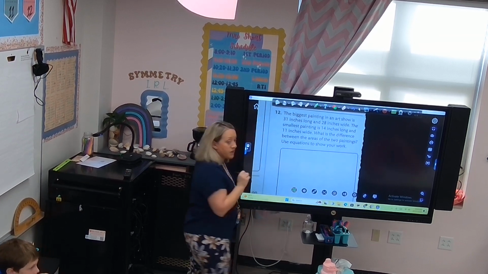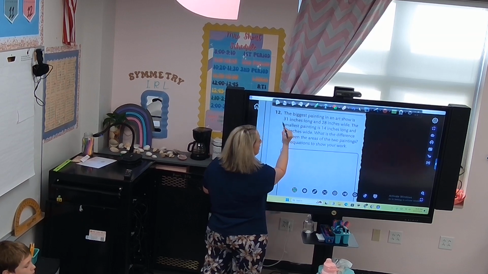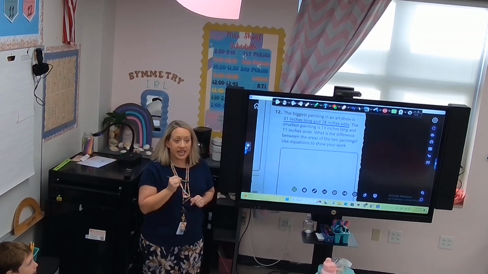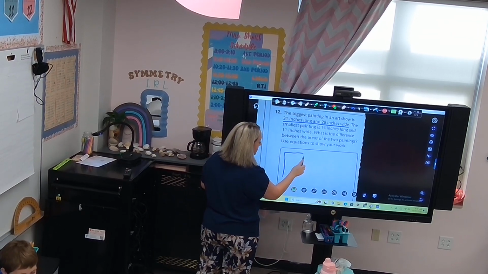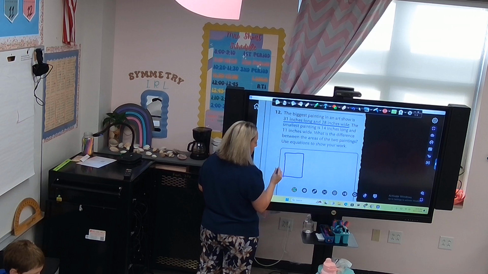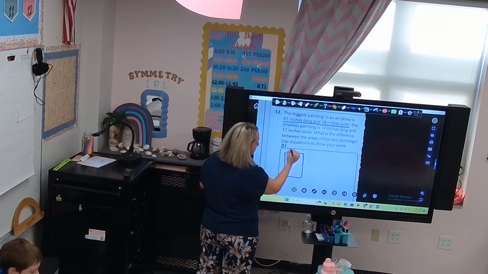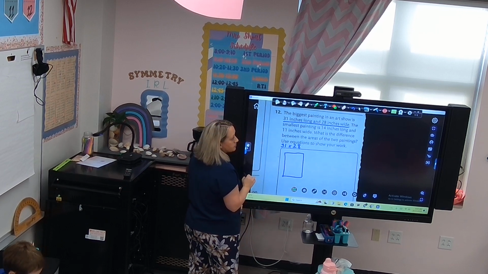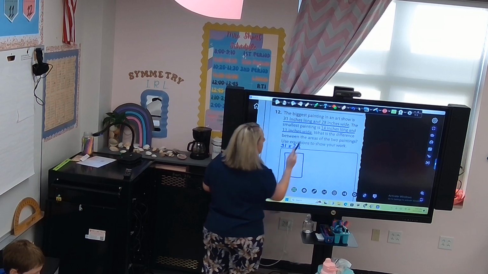We're going to draw pictures of those paintings. So I want you to draw the rectangle that represents that painting first. 31 by 28. Then we're going to do a 14 by 11 painting.